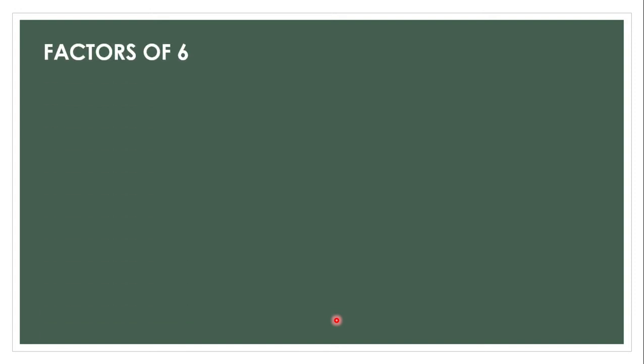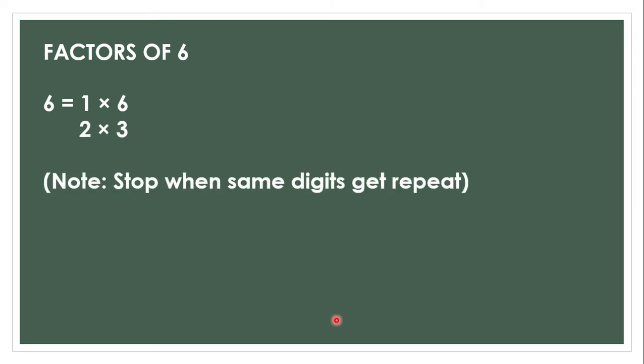Now we'll see the factors of 6. So 6 can be represented as 1 into 6 is 6, 2 threes are 6. While finding the factors of 6 or of any number, when you are multiplying like this, you have to stop when the same digits get repeated. Here 1 into 6 is 6, 2 threes are 6, then 3 twos are 6.